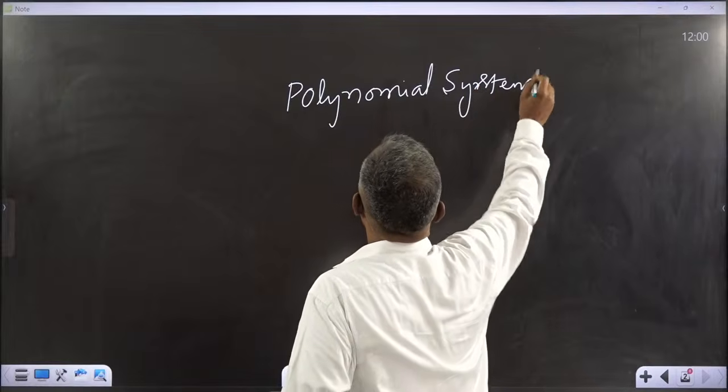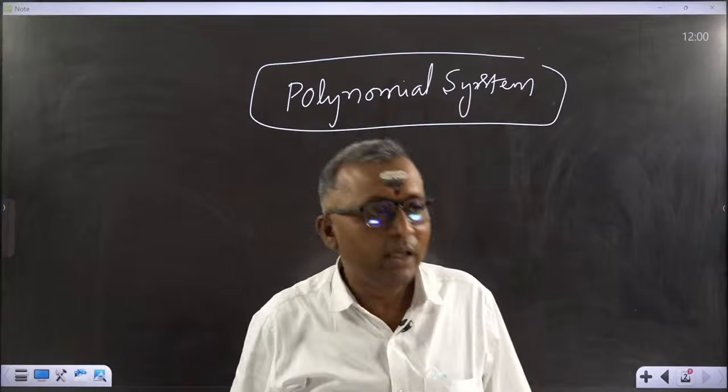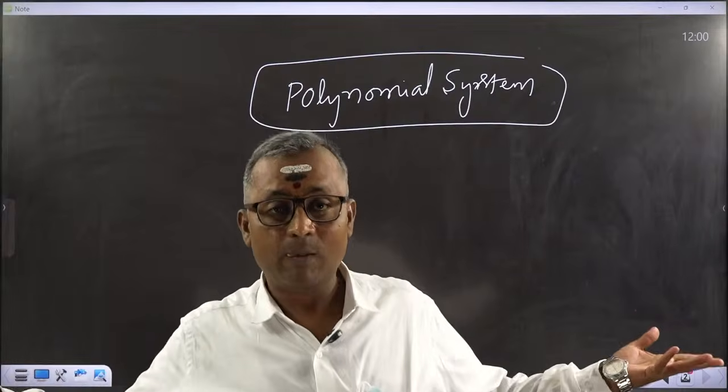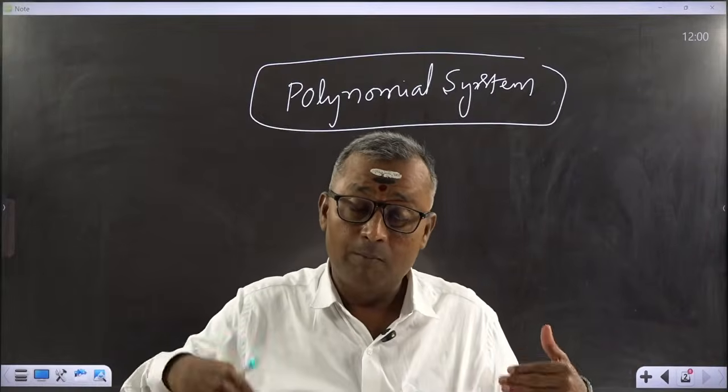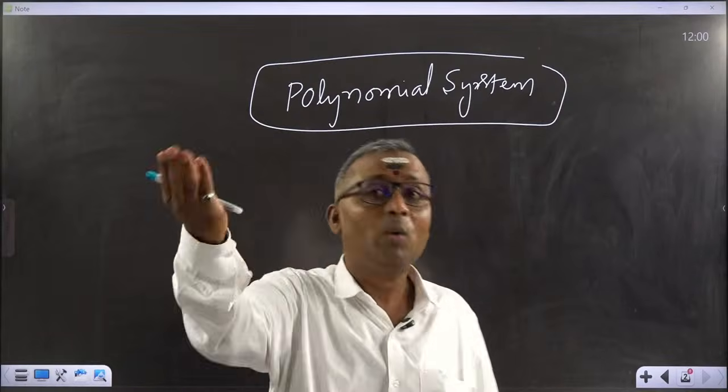What is it? Polynomial system. Poly means many, giving many names to a single plant. That is polynomial system.